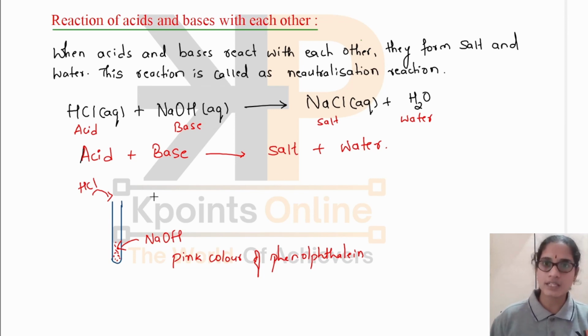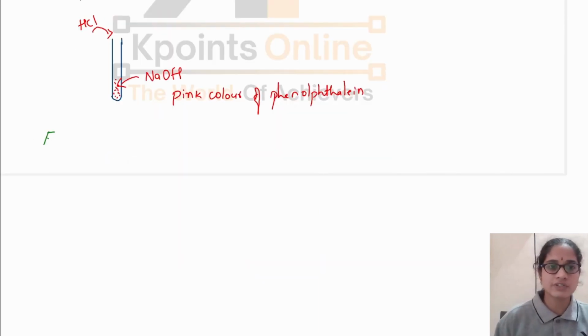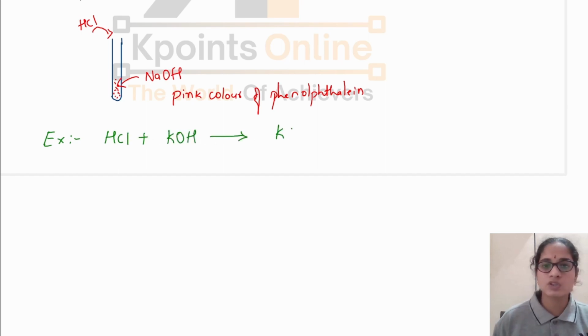Have you understood how they neutralize each other's effect? This is all about the neutralization reaction. You can take a few more examples of it. When hydrochloric acid reacts with the base potassium hydroxide, it forms the salt potassium chloride and water.